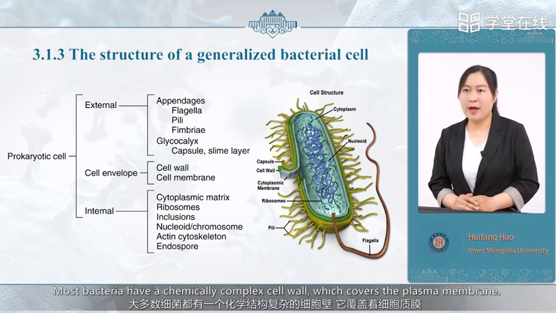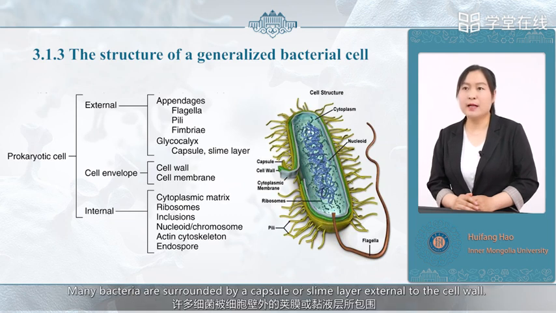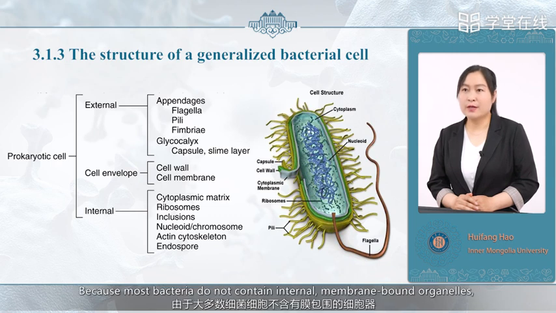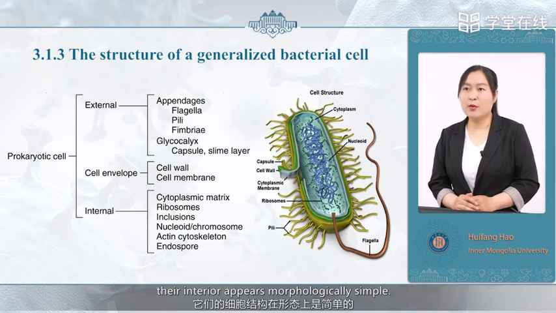Most bacteria have a chemically complex cell wall which covers the plasma membrane. Many bacteria are surrounded by a capsule or slime layer external to the cell wall. Because most bacteria don't contain internal membrane-bound organelles, their interior appears morphologically simple.